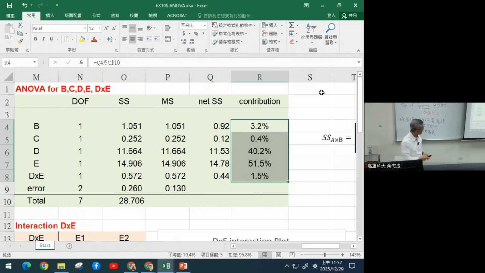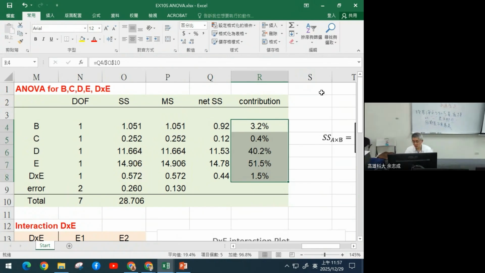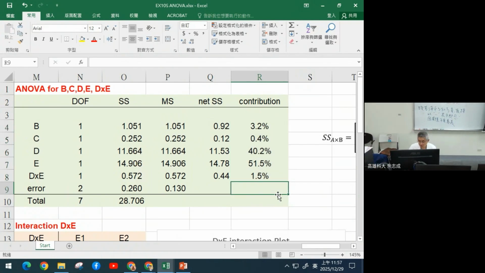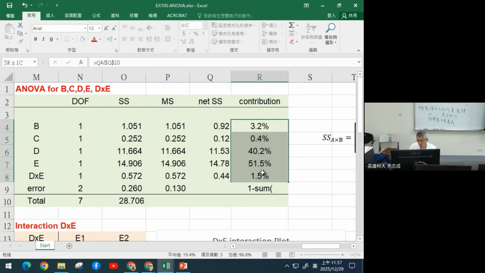How about the contribution for error? The contribution for error is calculated differently, just like what we did before. The percentage will be 1 minus the summation of the contribution of your model. Oh, sorry.